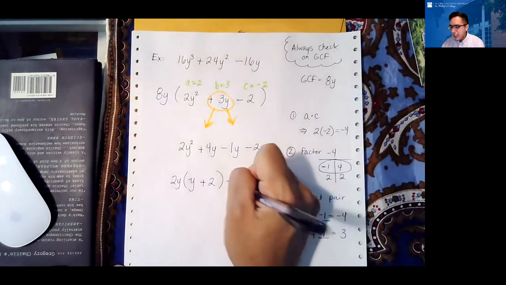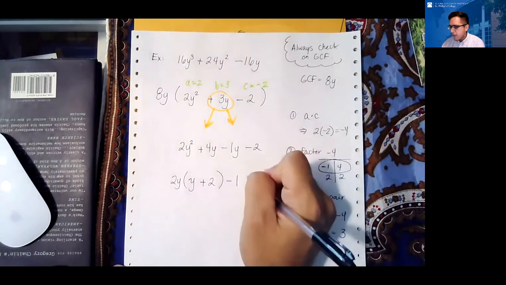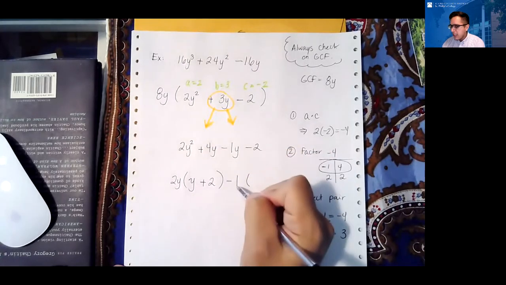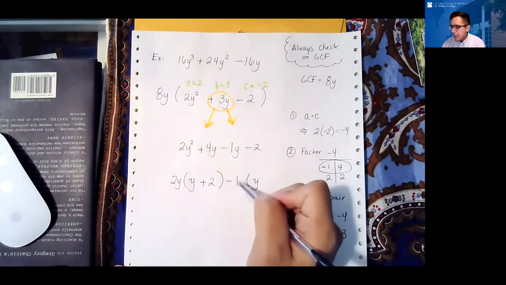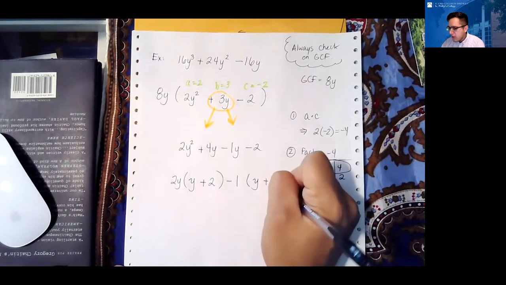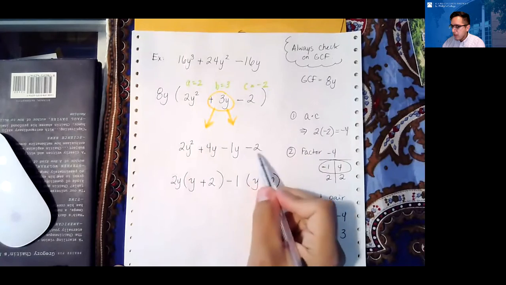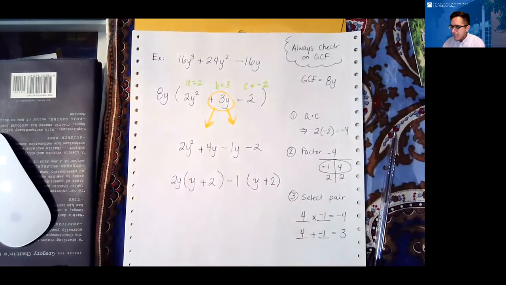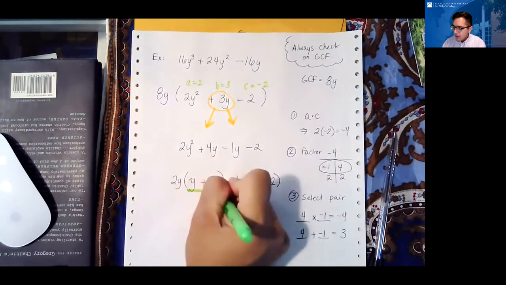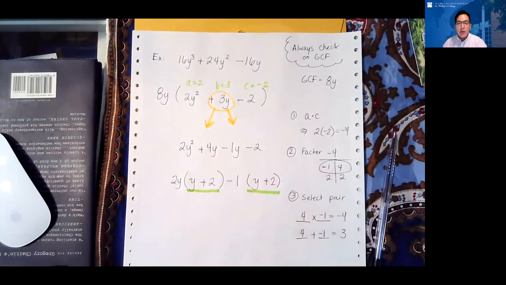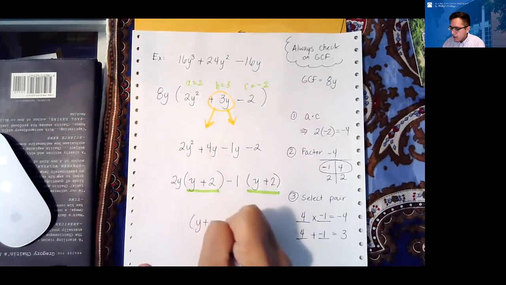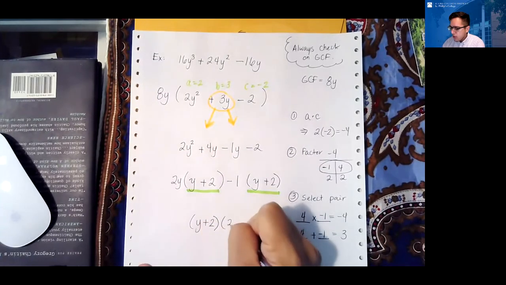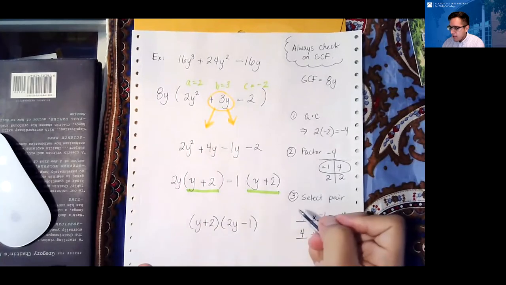So I'm factoring out a negative 1 here. Negative 1 times y will give me my negative 1y, and negative 1 times positive 2 will give me my negative 2. So since this factor and this factor now match, they're a common factor, I can factor that out, y plus 2 times 2y minus 1.